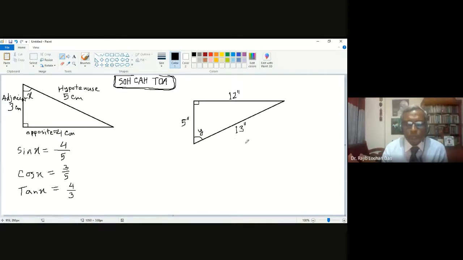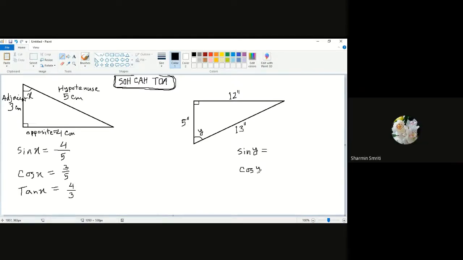Now let me know about the right side situation. What is sin y in this case? What will be cos y? What will be tan y? Sir, sin y is equal to 5 divided by 12, and cos y is equal to 13 divided by 12, and tan y is equal to 5 divided by 13.